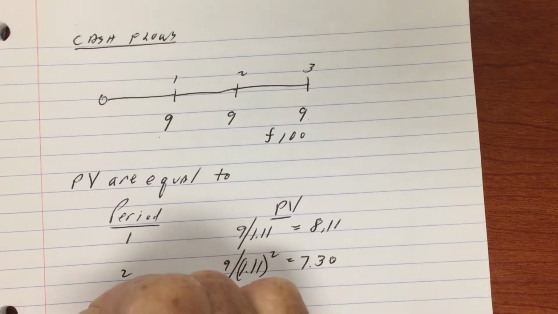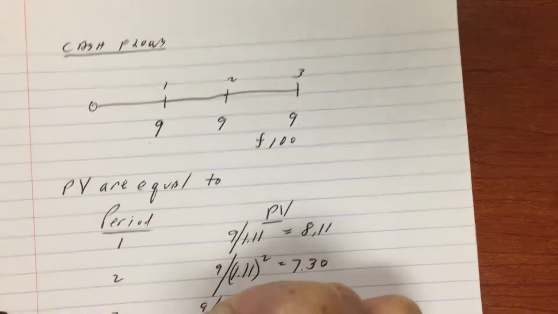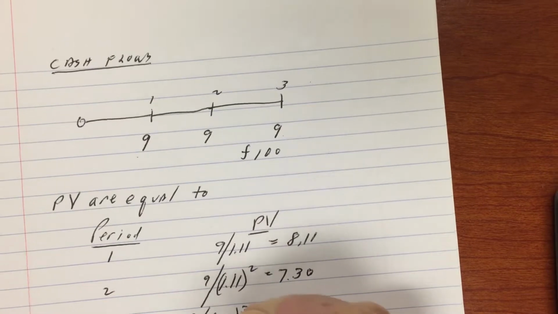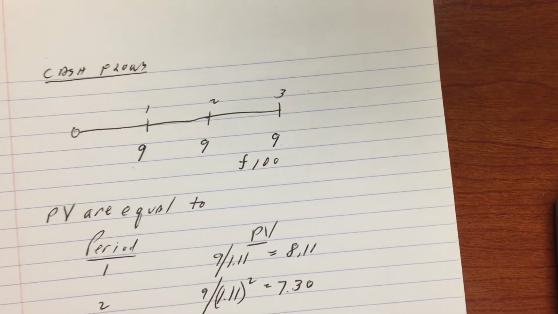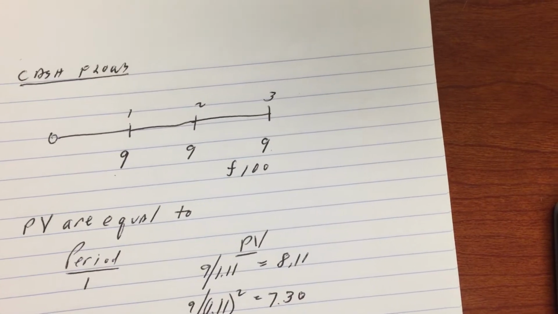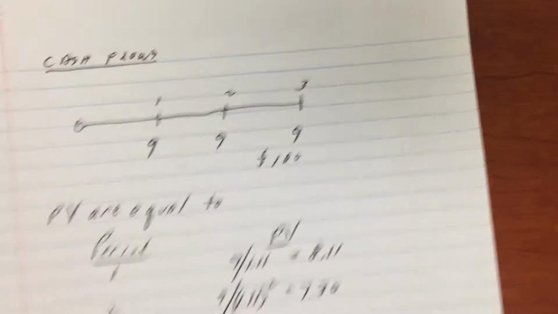In period 3, there's going to be 2 of them. The first one is going to be 9 divided by 1.11 cubed, because it's 3 periods. That is 6.58.